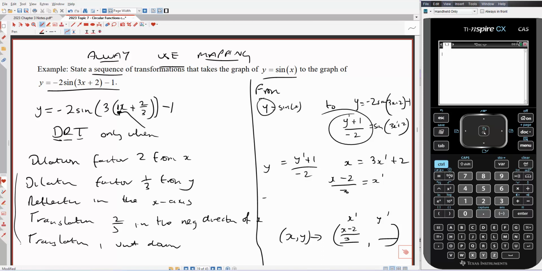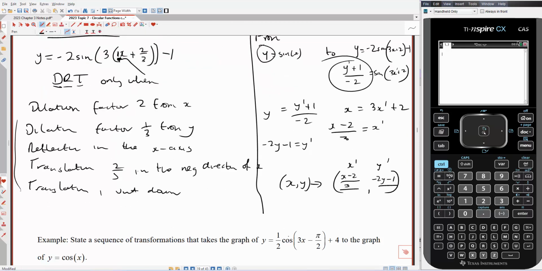Now this one, -2y take 1 equals y'. Right, and now we're in a position to state the transformations. So we can see that this is a translation 2 units to the left and a dilation by a factor of 1/3.